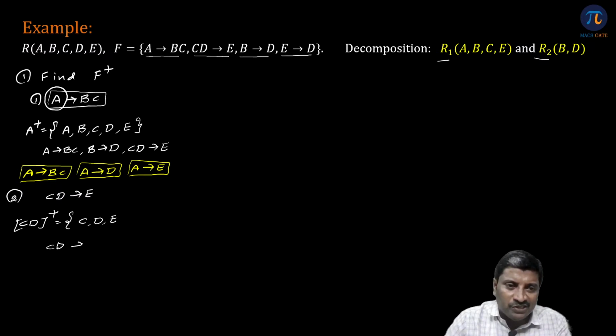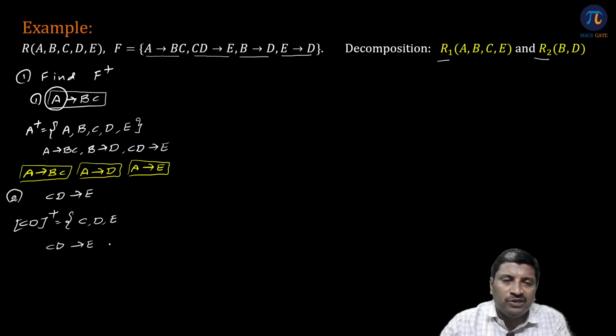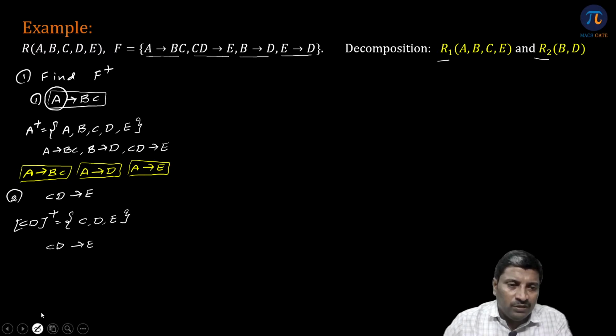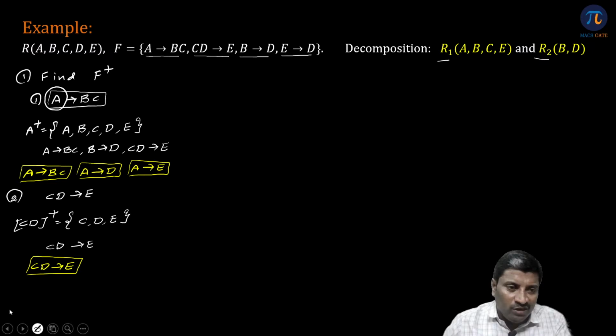Because we have a dependency CD goes to E. Anything else possible, sir? With E, we can get D, but D is already there. Then CD implies E, that was already there. Anyway, we got only these. So from this, CD implies CD, which is trivial. Forget about it. CD implies E. This they already gave, sir. So that means we can have only one FD on LHS with CD.